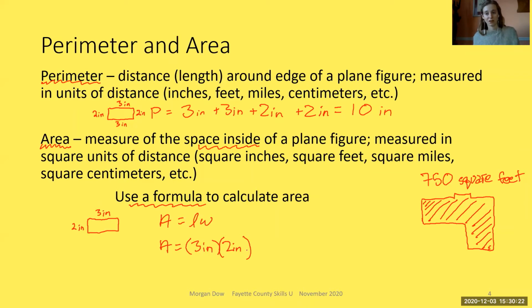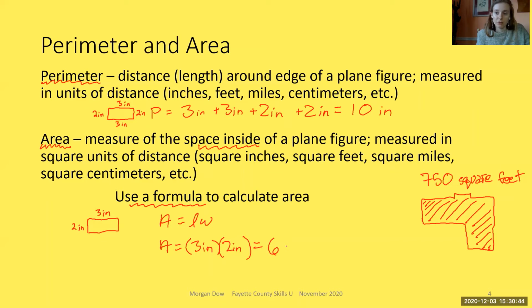But it actually doesn't matter which side you label as the length or the width. You'll notice that 3 times 2 is the same as 2 times 3. So it doesn't really matter which one you say is which, as long as you're taking those two dimensions and multiplying them together. So 3 inches times 2 inches will give me 6 square inches.